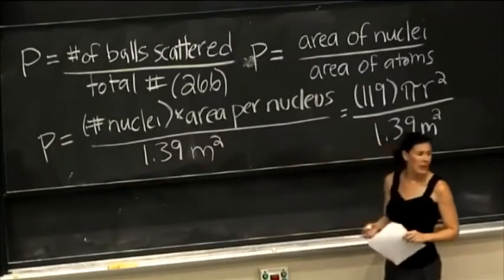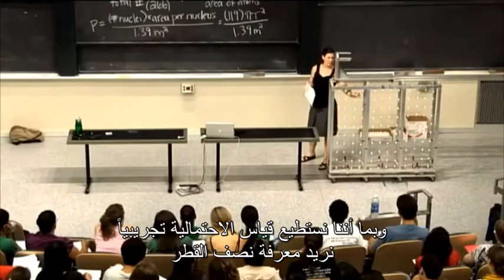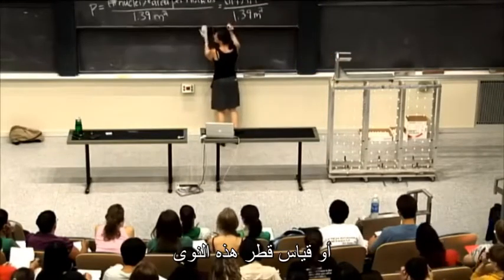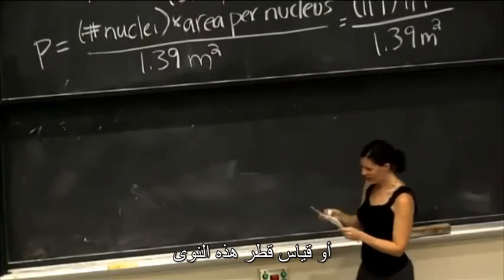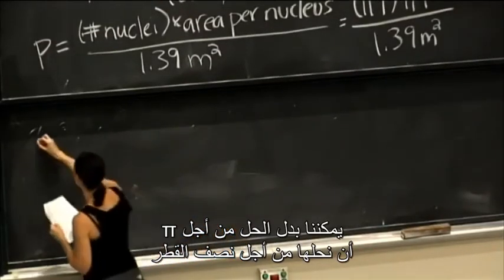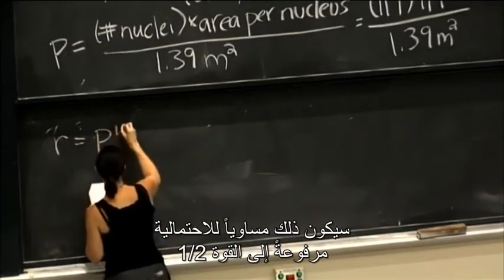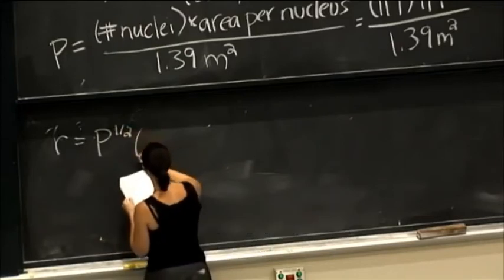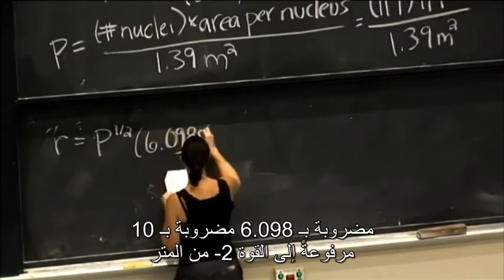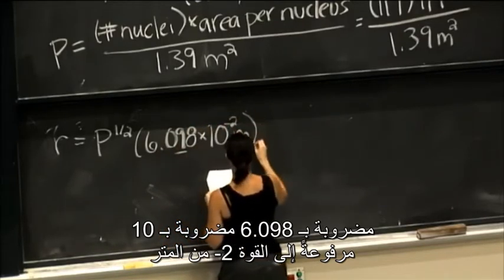But what we want to pull out, since we can experimentally measure what the probability is, is the radius or the diameter of these nuclei. So instead of solving for p, we can switch it around and solve for the radius. That's going to be equal to the probability raised to the 1/2 times 6.098 times 10 to the -2 meters.